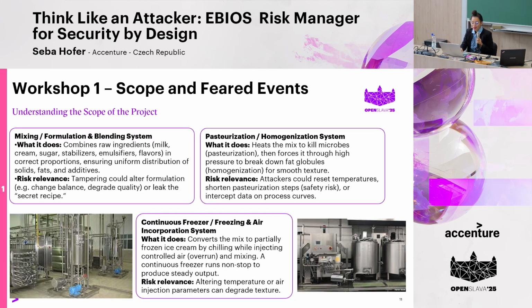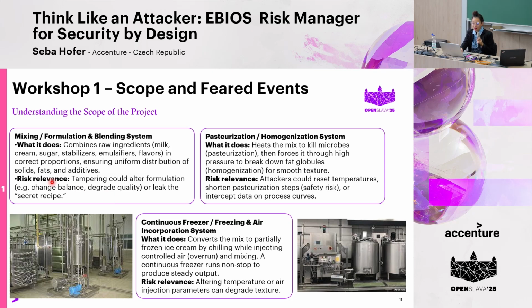So here is some information about what kind of systems we have in the factory and what would be the impact in case of cyber attack. The first one here is mixing, formulation, and blending systems. Basically, it is machines that are going to combine all the raw ingredients to make ice cream.